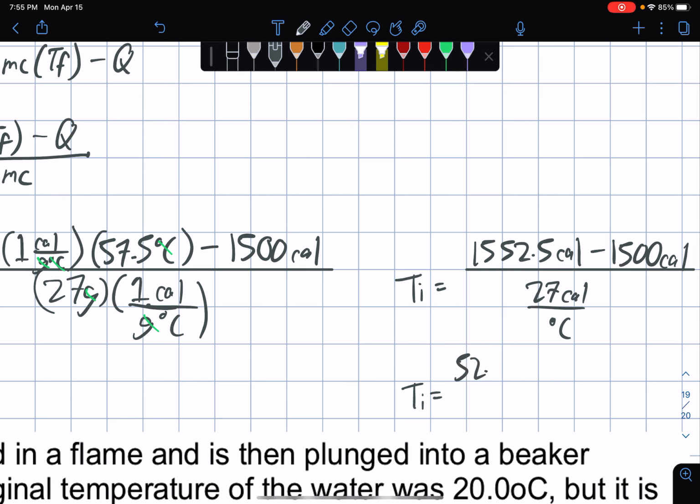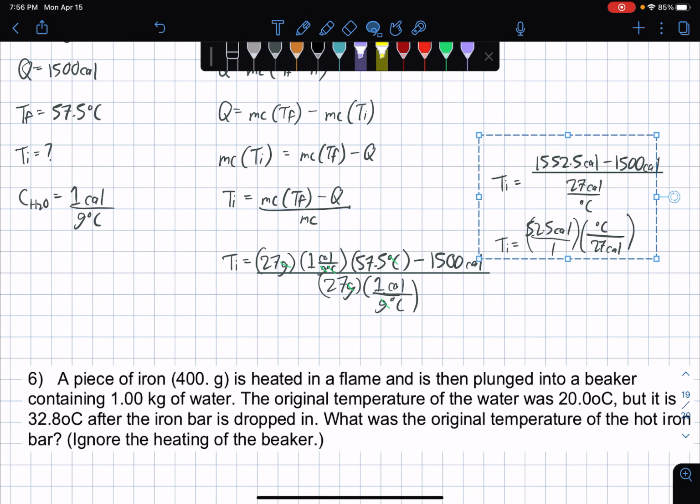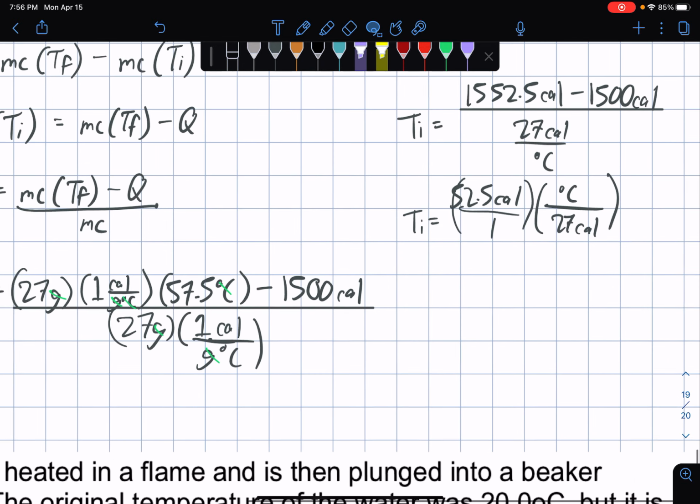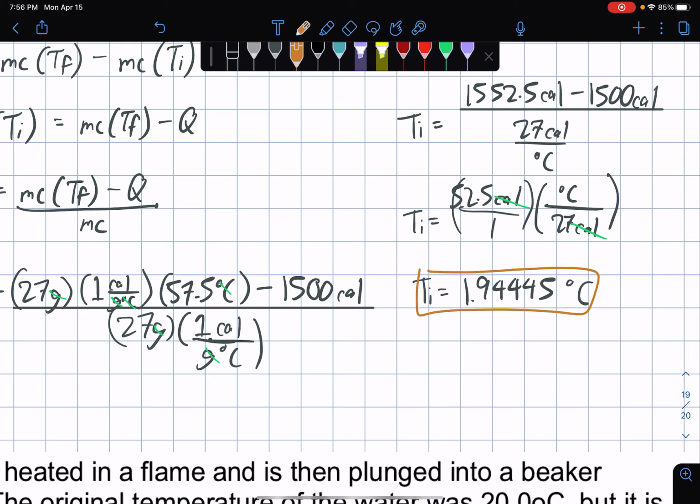So 52.5 calories times, basically reciprocate that, and we have 1.94445 degrees Celsius. Let me just confirm this in a short while. Yeah, is this our answer?